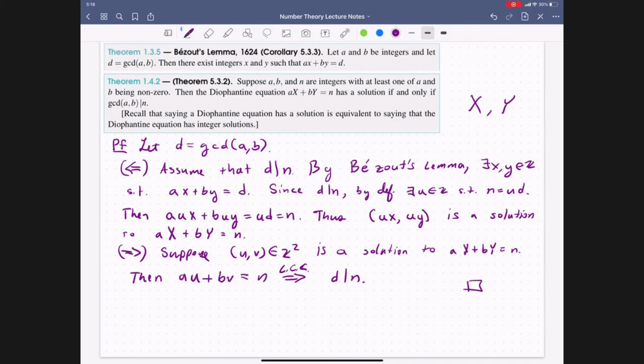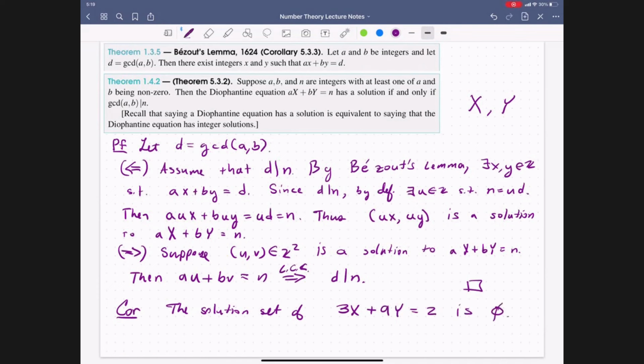And so whenever we have a Diophantine equation, we have a classification for when we have a solution to this equation. So as a corollary, we have that if we were to look at the solution set of 3x plus 9y is equal to 2, it is the empty set.